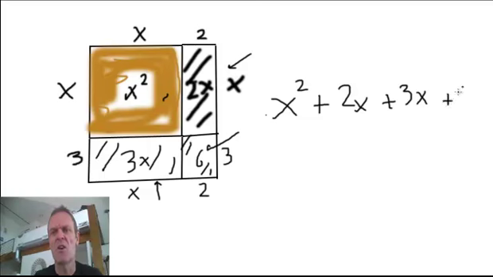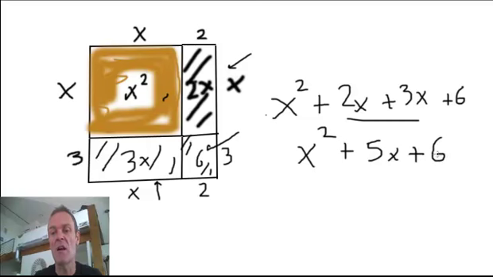So the new area of my room is x squared plus, now think about it, 2x and 3x, 5x plus 6. That's the new area of my room.